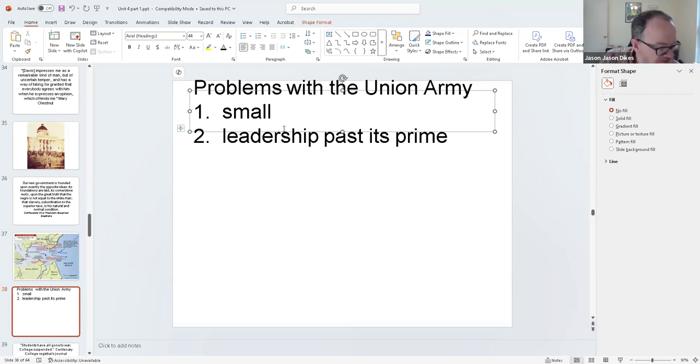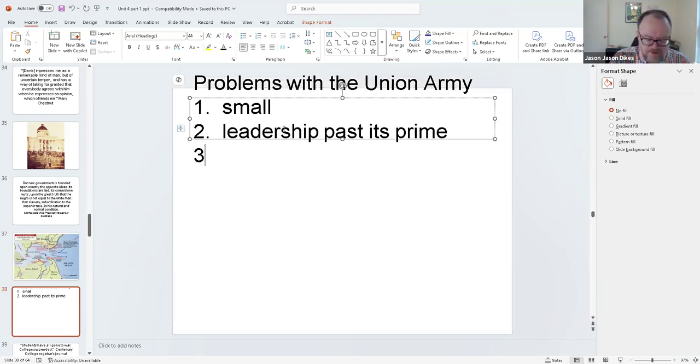The leadership is past its prime. People like Winfield Scott, who've been commissioned when Thomas Jefferson was president 50 years earlier.